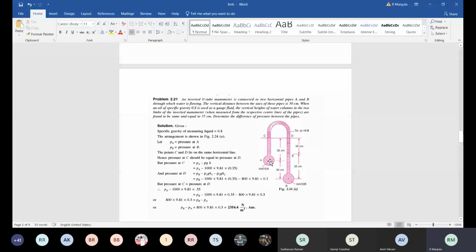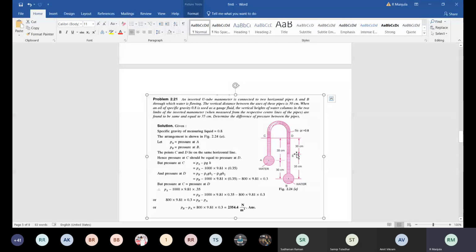Calculating pressure at C, we have PA minus rho g h. Here it is water, so 1000 into 9.81 into 0.35 meters. The pressure at D is PB minus 1000 into 9.81 into 0.35, minus 800 into 9.81 into 0.3.